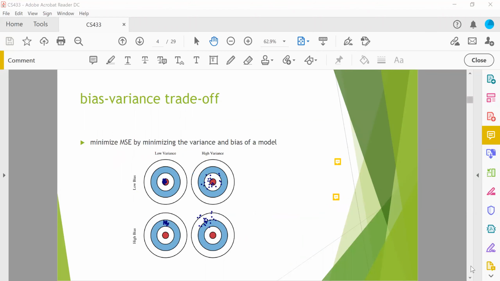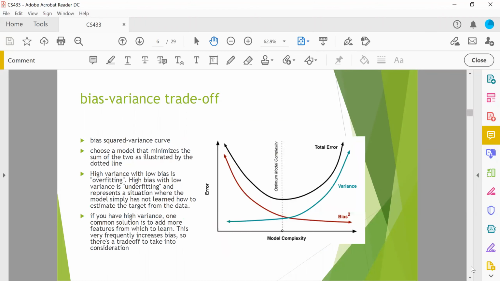And then next, let's see. So we can see this diagram visually that helps us understand a lot. And normally high bias can be caused by what? If your model is too simple.